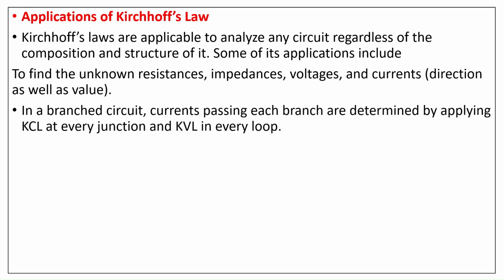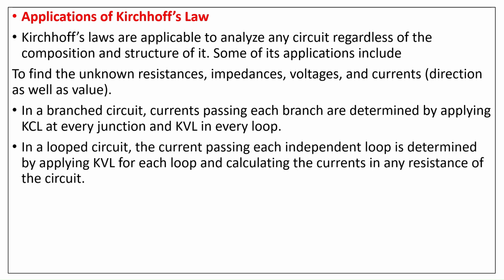In a branched circuit, currents passing each branch are determined by applying KCL at every junction and KVL in every loop. 4. In a looped circuit, the current passing each independent loop is determined by applying KVL for each loop and calculating the currents in any resistance of the circuit.